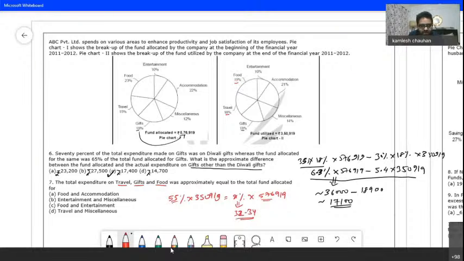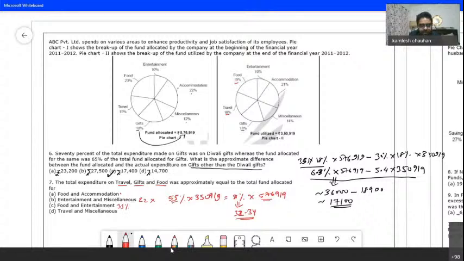Food and accommodation here is how much? Food and accommodation is 35, so that is one possibility. Entertainment and miscellaneous, 12 and 22, so this is not possible for sure. Food and entertainment: food is 23, entertainment is 10, so that looks like 33 percentage.